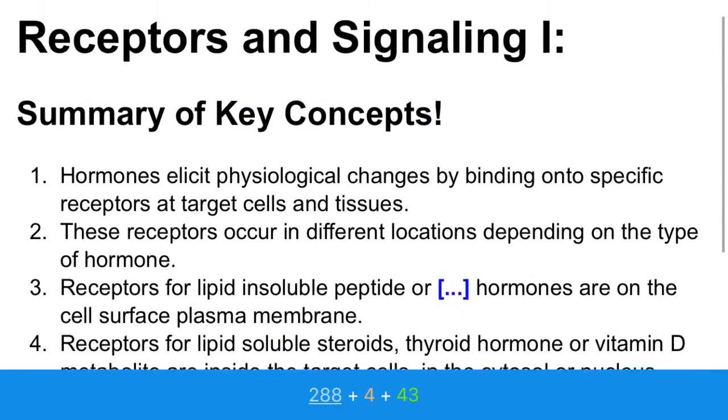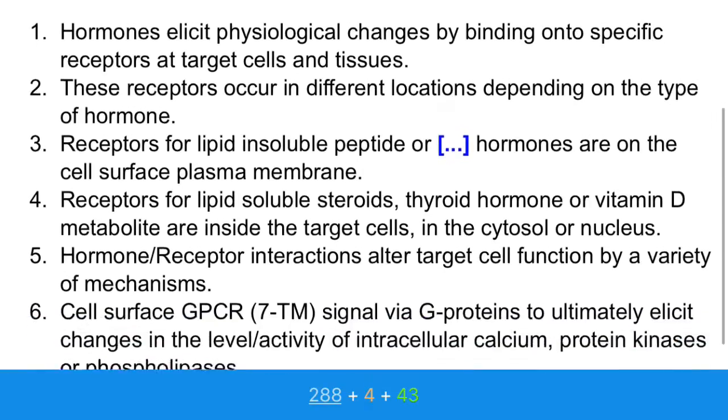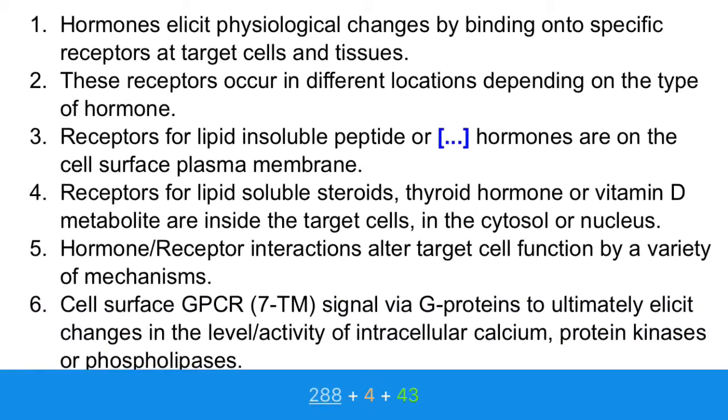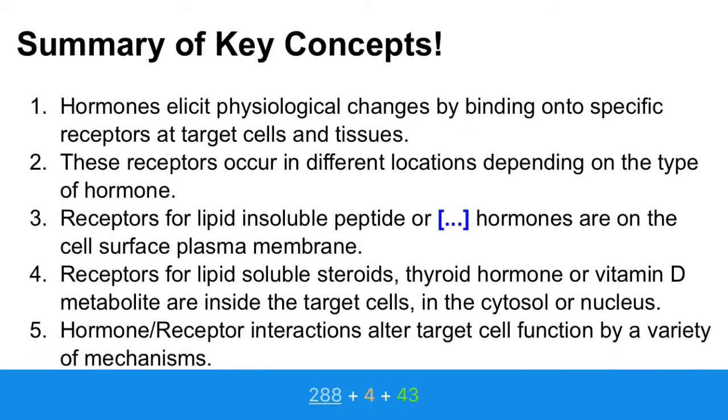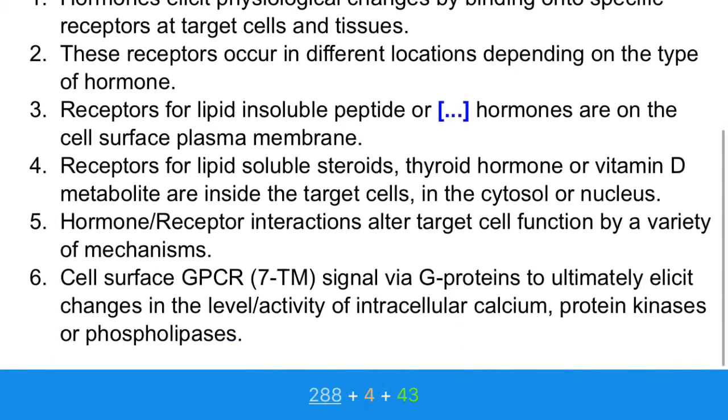So moving on. So receptors and signaling 1. Summary of key concepts. Hormones elicit physiological changes by binding onto specific receptors on target cells and tissues. Yes, these receptors occur in different locations depending on the type of the hormone. Receptors for lipid insoluble peptide or blank hormones are on the cell surface plasma membrane.